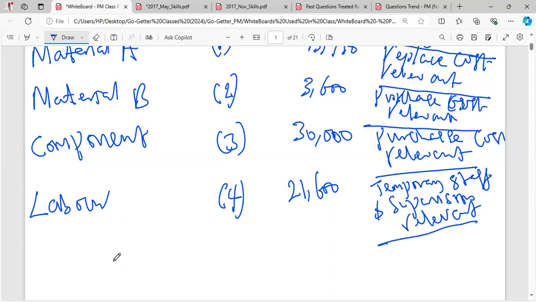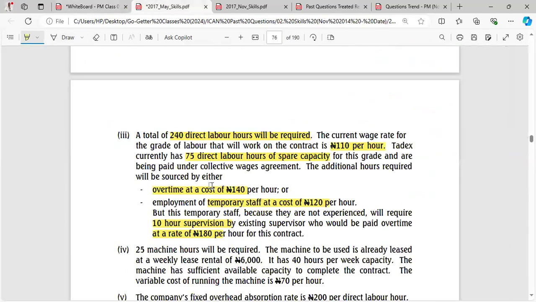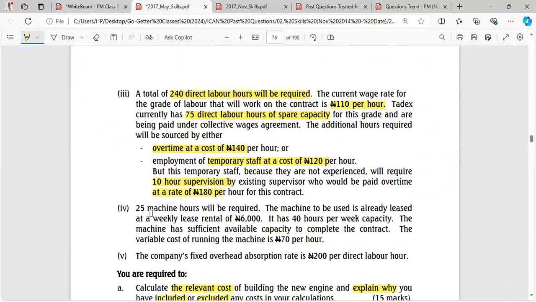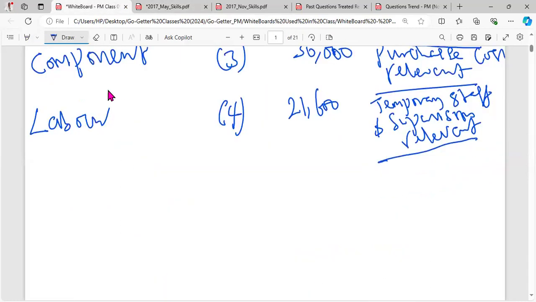Okay, so that's labor. The next one now is machine hours. So this is number 5.